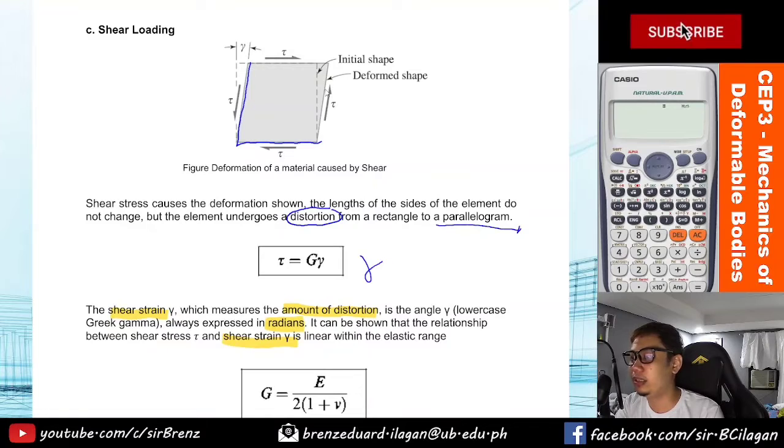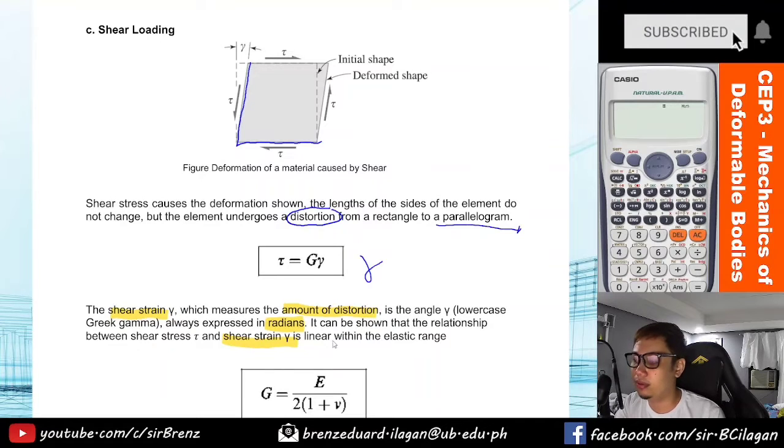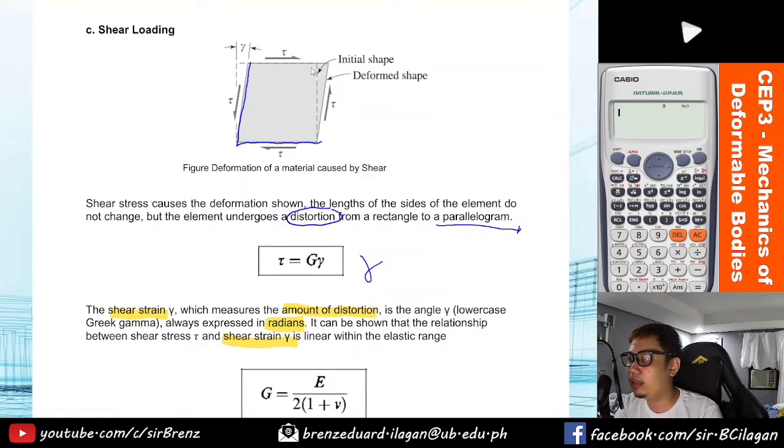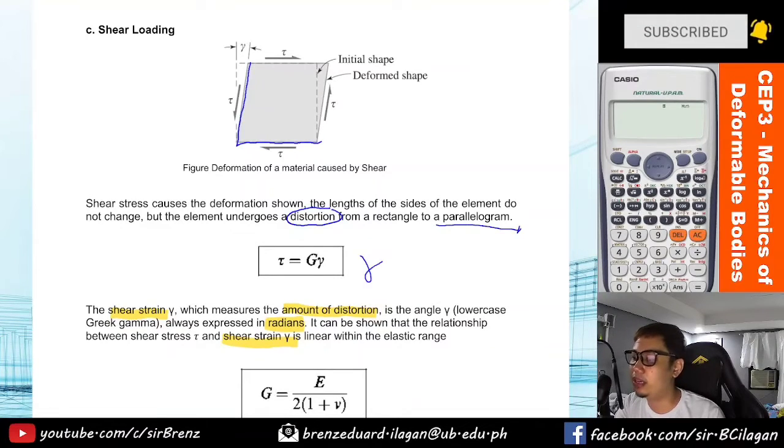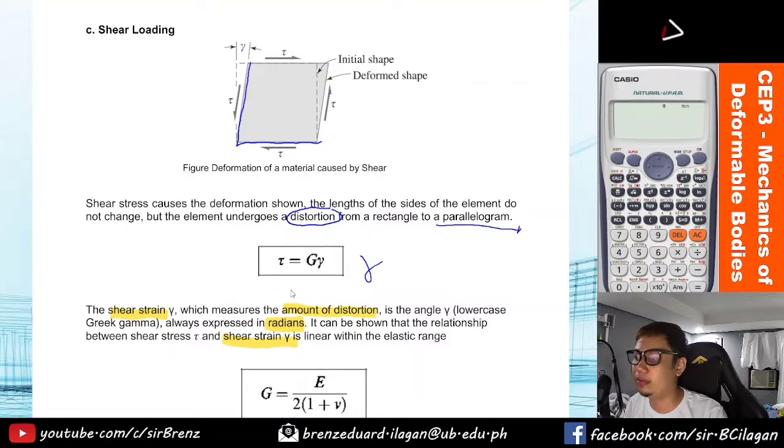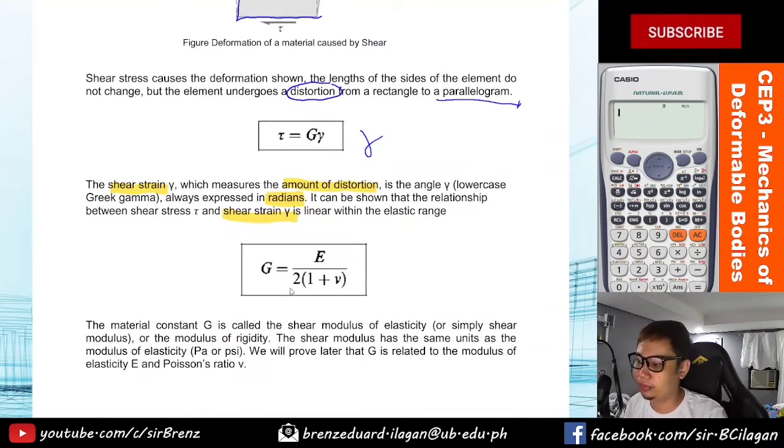Most probably, the value given here will be in degrees. In that case, you can get the angle, and once you have the angle, you can get its equivalent value in radians. Right, 360 degrees over 2 pi rad? Or 180 over pi? Or pi over 180?